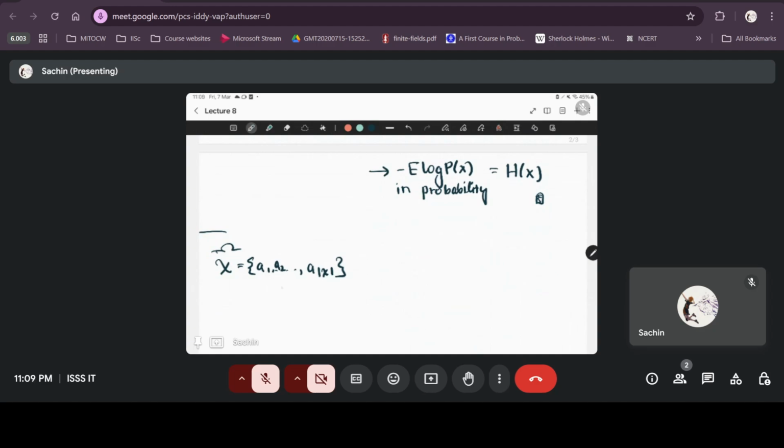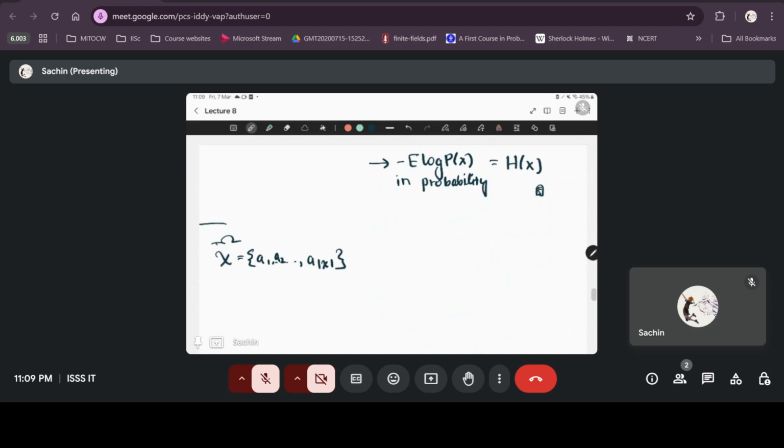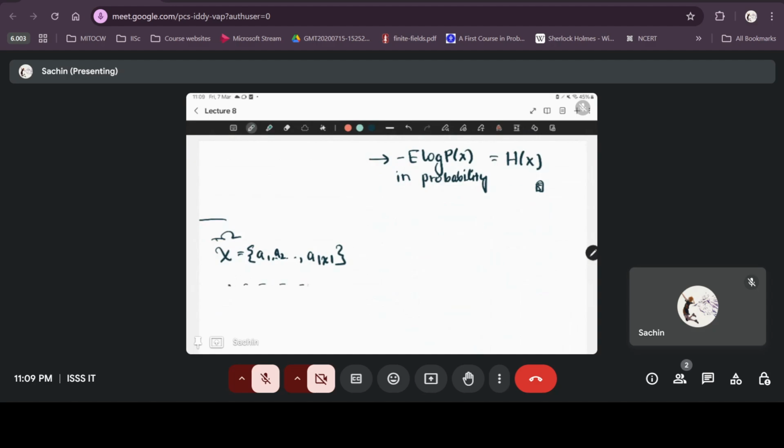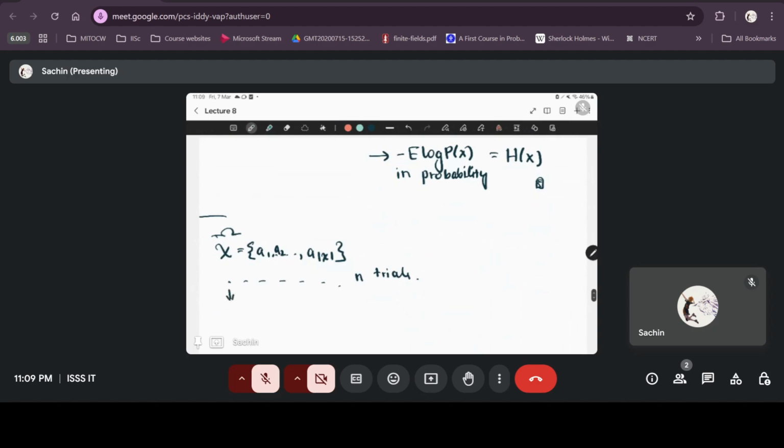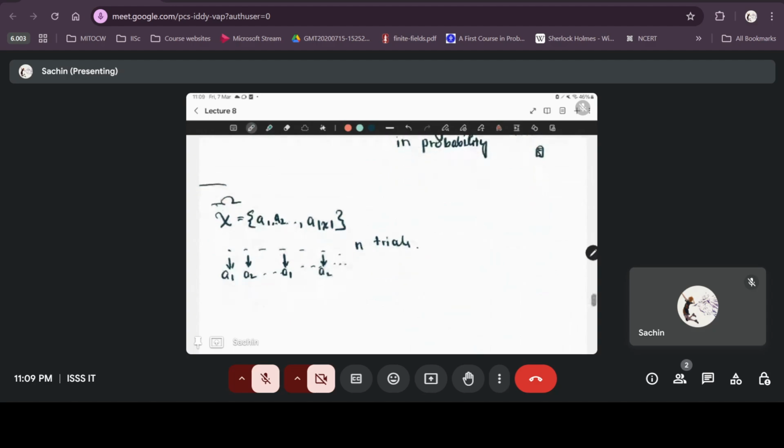These are the values in script x. Then you perform n independent trials. Each trial you get a value. You note that down. So suppose here you get a1, here you get a2, then again you get a1, then you get a2 somewhere here, and so on.